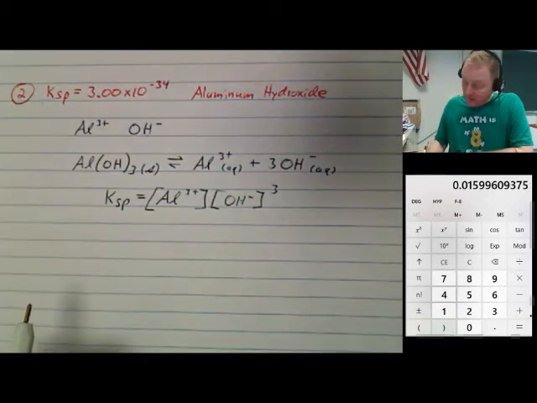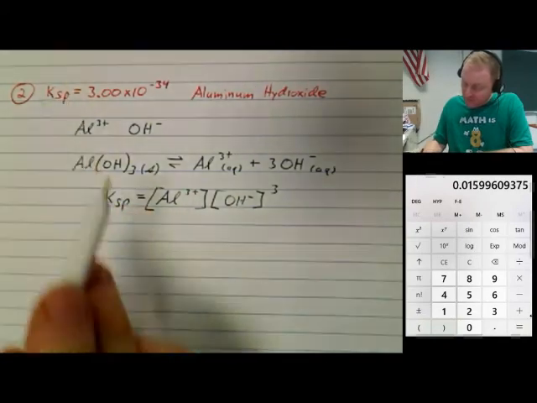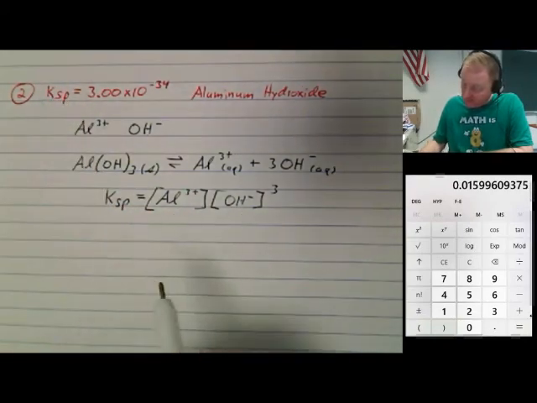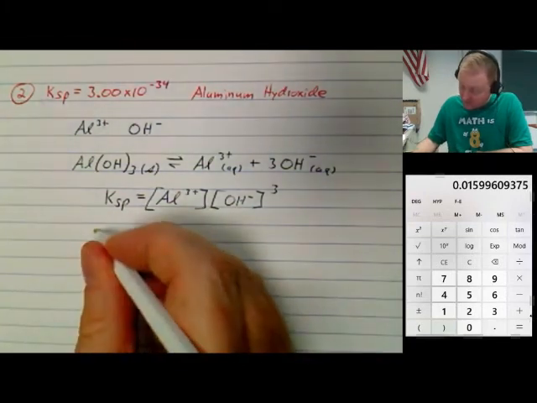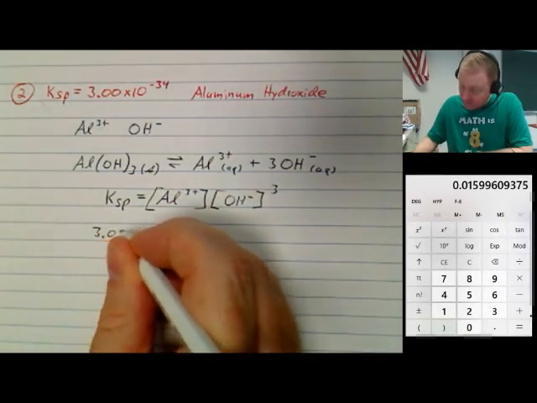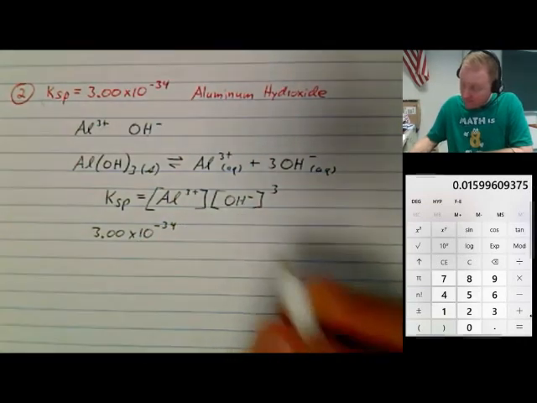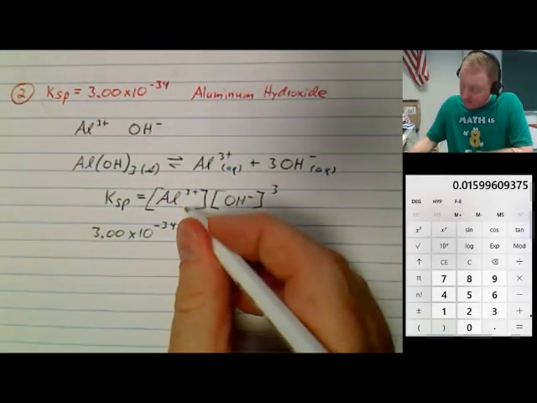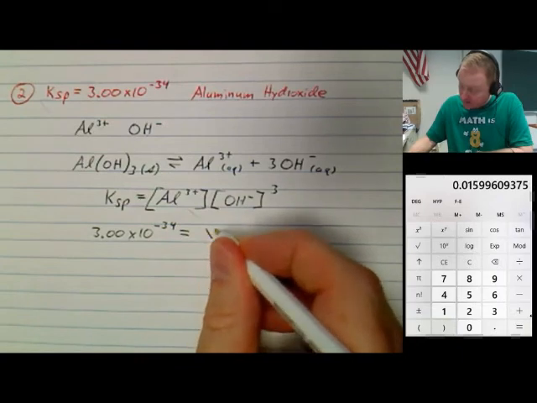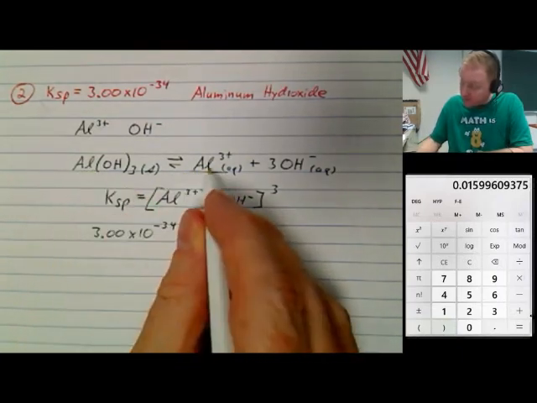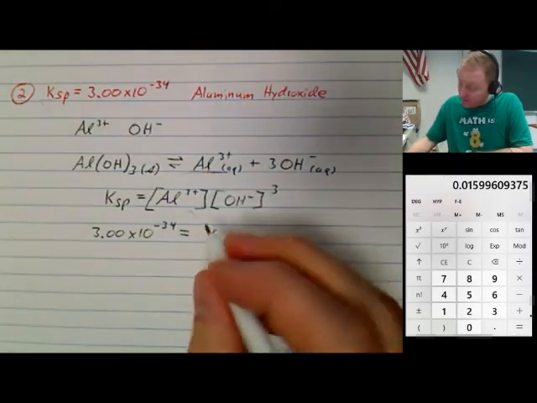We know the Ksp value, so let's put it in. 3.00 times 10 to the negative 34 equals the aluminum, which is x, because for every 1 aluminum that you form when this dissociates, you get 3 hydroxides.